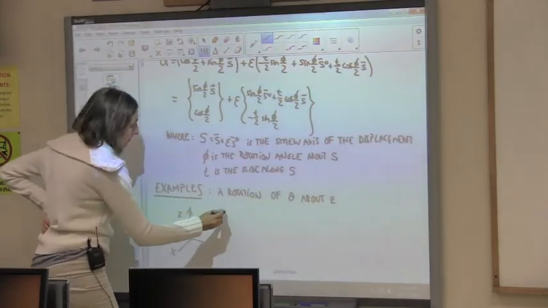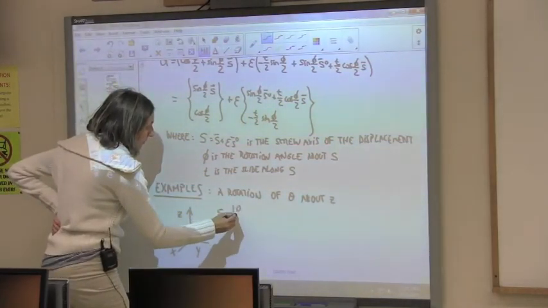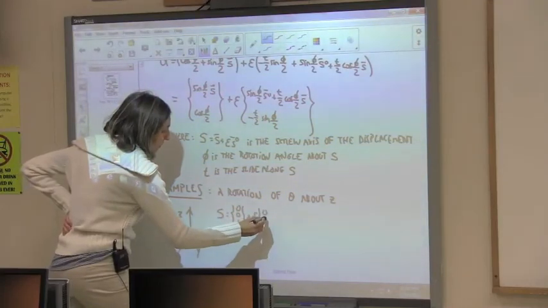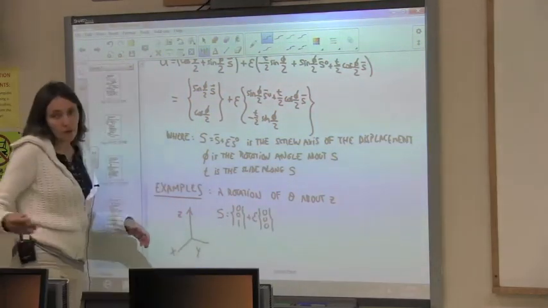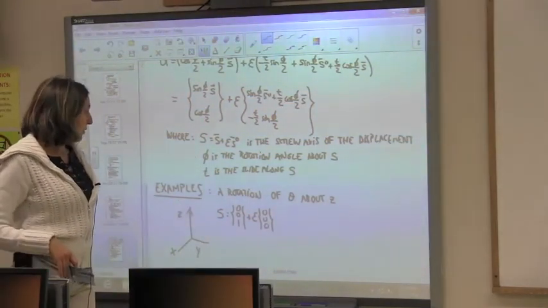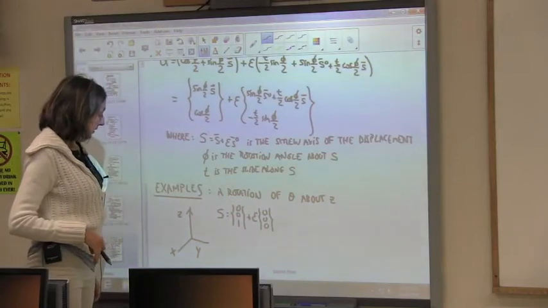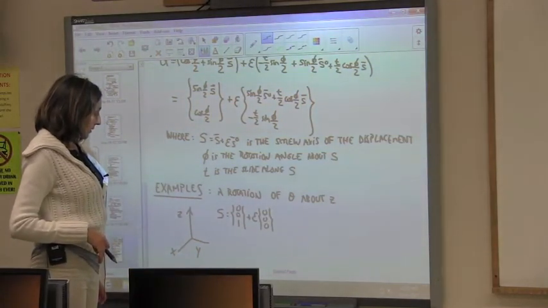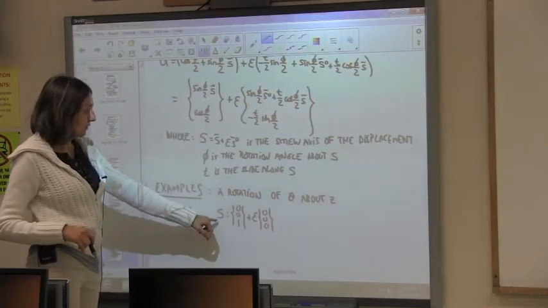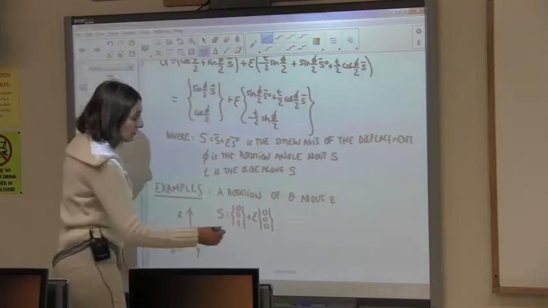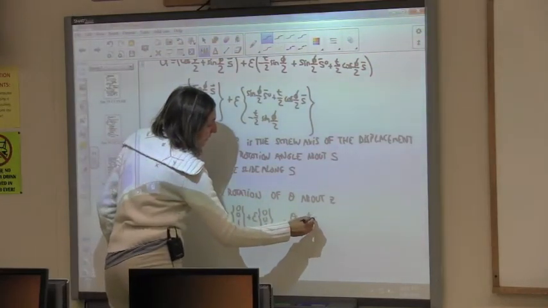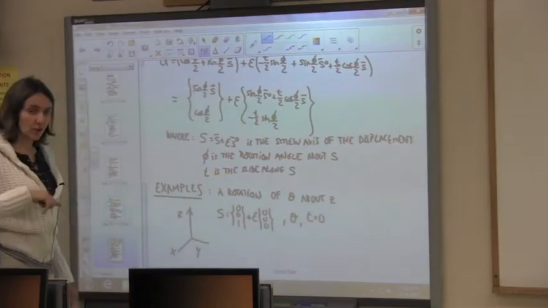So the line that defines the rotation will be 0, 0, 1 plus epsilon 0, 0, 0. It's just a rotation, so that means it's equivalent to a general displacement but passing through the origin. And that's it. So we just put these parameters here. S is 0, 0, 1, 0, 0, 0. The angle is theta, and the slide about the line is 0, because we don't have slide, just rotation.